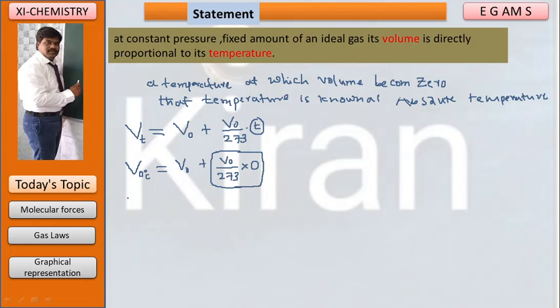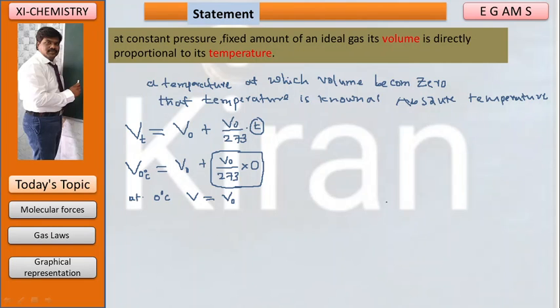So at 0 degree centigrade, the volume becomes V naught. At 0 degree centigrade, we can write the volume as V naught.